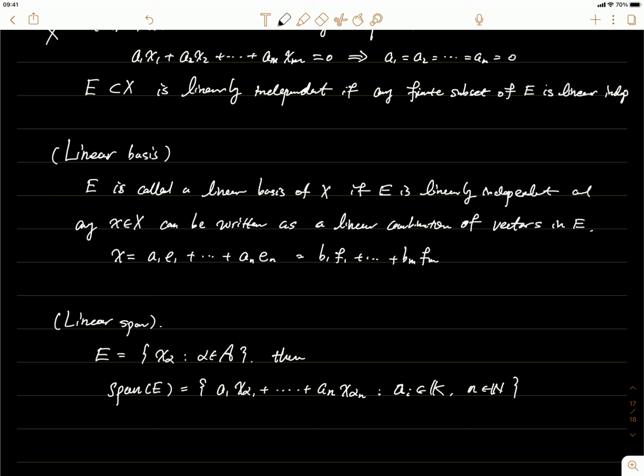You can make a linear combination using an arbitrary number of vectors. That's the linear span.